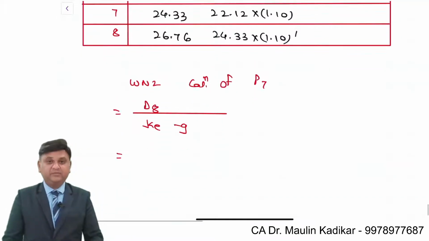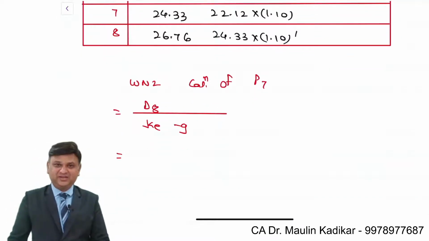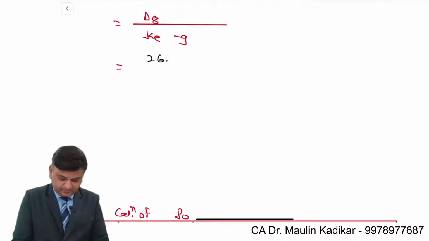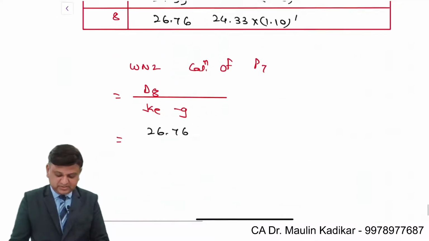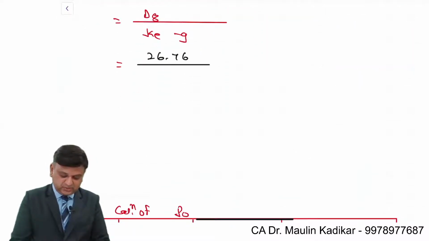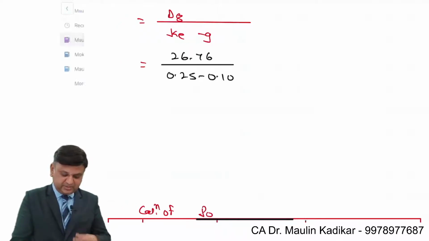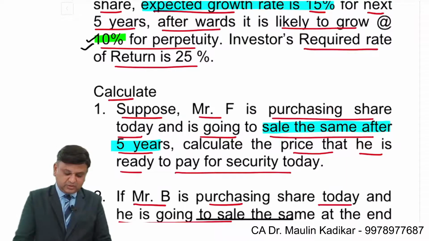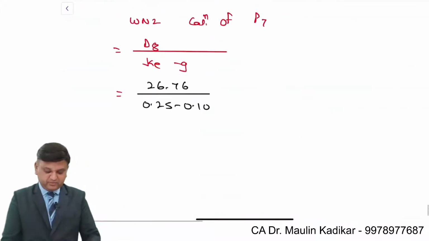Okay. Then we will make the calculation of P7. It is D8 divided by KE minus G. 26.76 divided by the cost of equity, which is 25%, minus the growth rate of 10%. With that, you can make the calculation of P7.